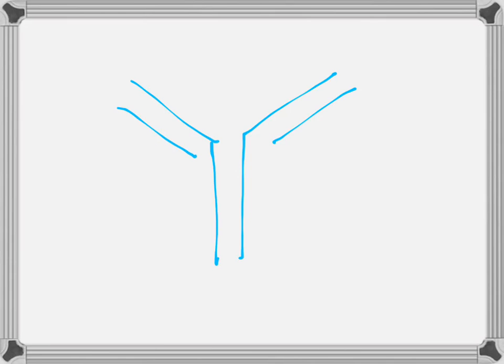Here's our basic antibody structure. I'll draw those in a different color. So the brown represents disulfide bonds holding together different parts of the antibody. The antibody has a basic Y-shaped structure. What I'd like you to do is label what this region is, what this region is.